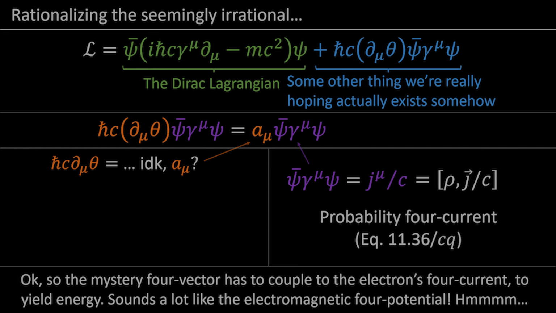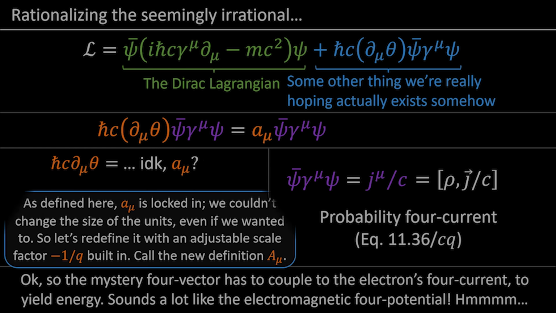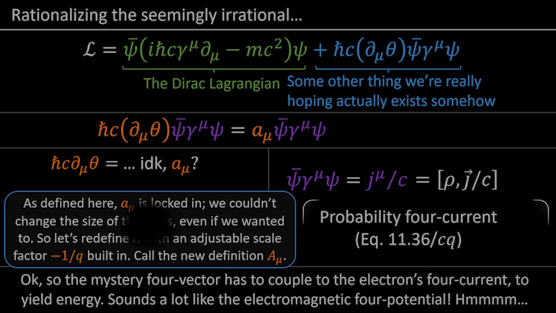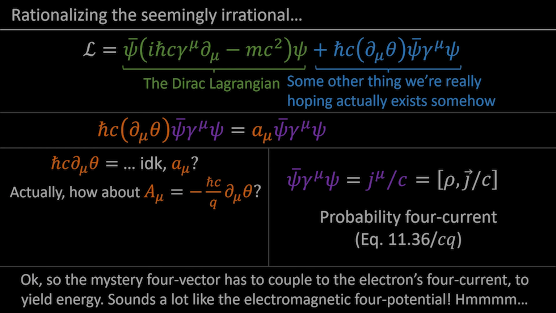But actually, you know what? We're going to do something here. The way we've defined A mu, you'll notice that we don't have the freedom to change the units of A mu, because A mu is very directly defined in terms of h bar and c and the four-gradient of a phase angle. So let's go ahead and do this. We'll define the four-vector capital A mu, and it'll be the same as A mu, but we'll bring in a factor of -1 over q, where q is just some number, and right now we'll leave it undefined.